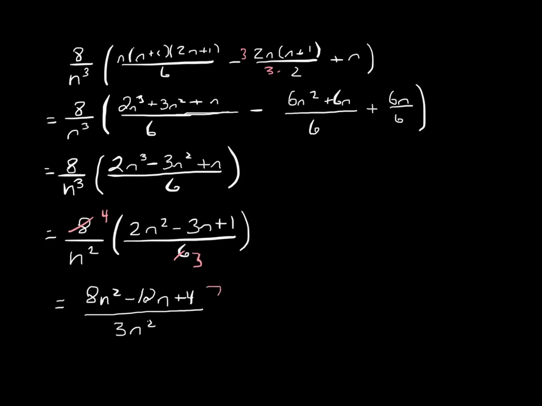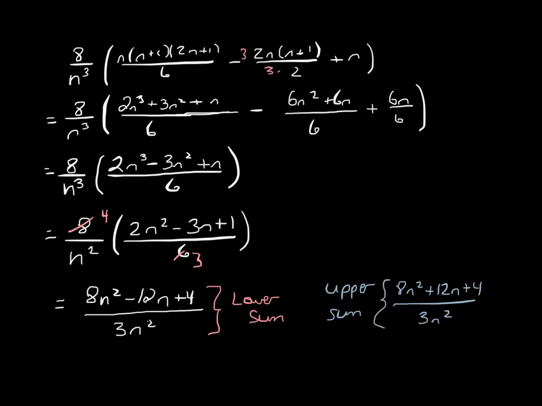And this right here is our lower sum. And if you remember our upper sum, that was 8n squared plus 12n plus 4. You see how similar they are.